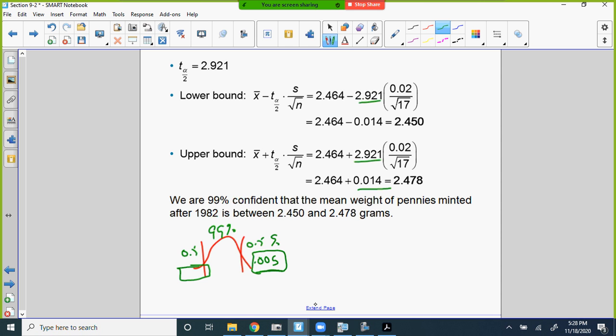Now, how would we do this if we were just looking to do it on the calculator? Here's the calculation by hand. You plug in the stuff and you find it. But if we don't have to do it by hand, that's great. So if we do it by calculator, here we go.